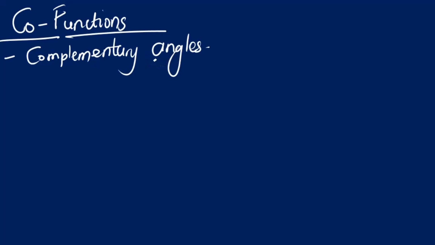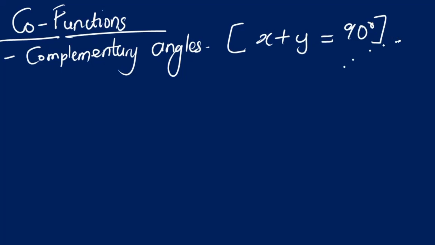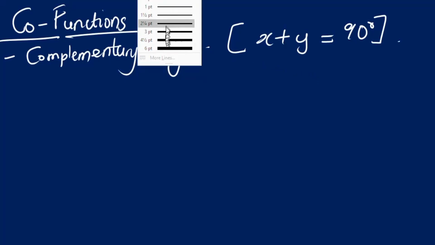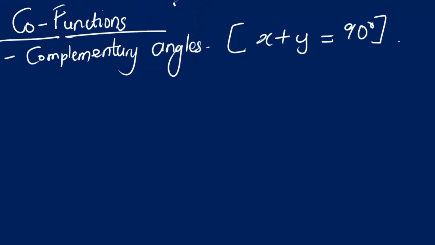Right there, the word complementary angles. What are complementary angles? Complementary angles are angles that add up to 90 degrees. I hope you still remember them. So now, talking about those angles, let's say we have the following.